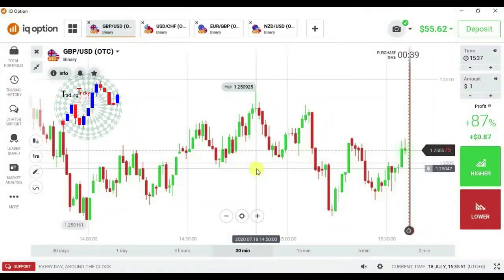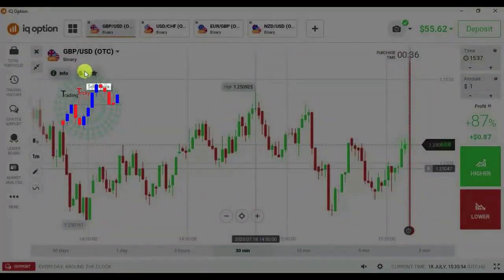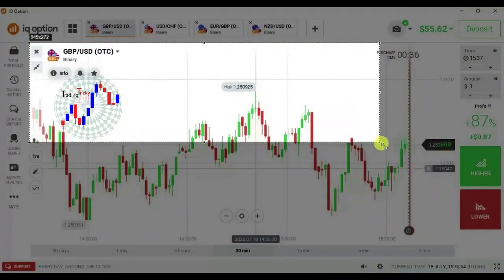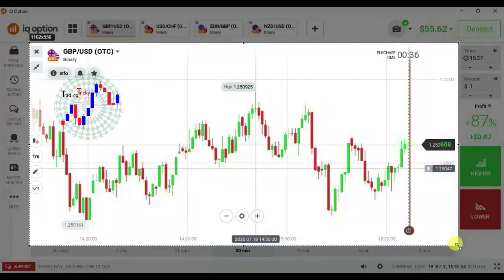Okay, so let's talk about support and resistance basics. Support and resistance actually is price action. Where you can see price action, this is a support or resistance.